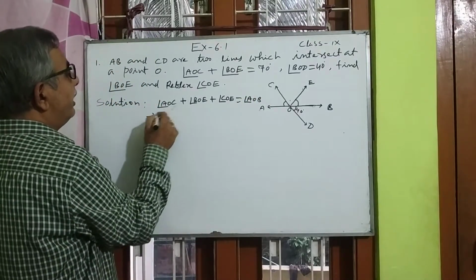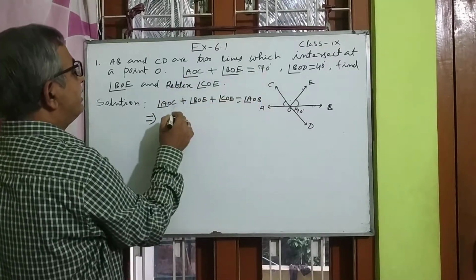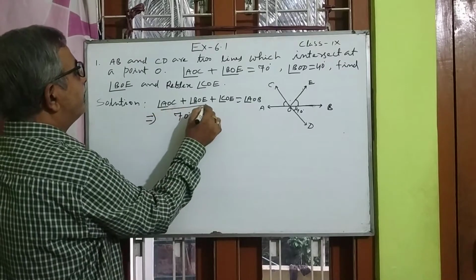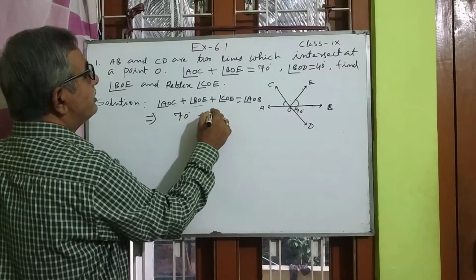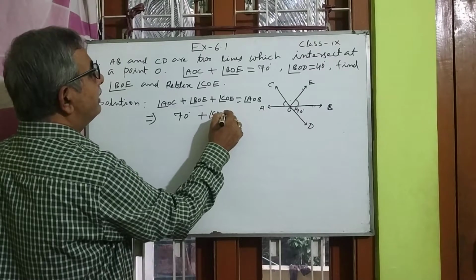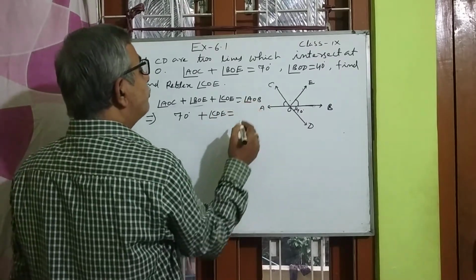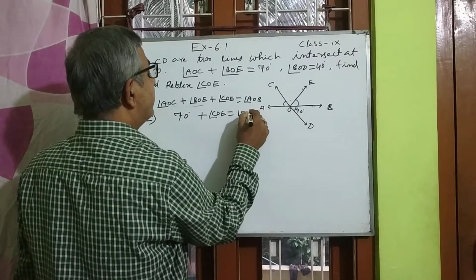Here you see AOC plus BOE is already given. AOC plus BOE is what? 70 degrees. So from here to there you are getting 70 degrees. Now what remains? Angle COE remains, and that together with the rest is angle AOB, a straight angle. So we can write 180 degrees.